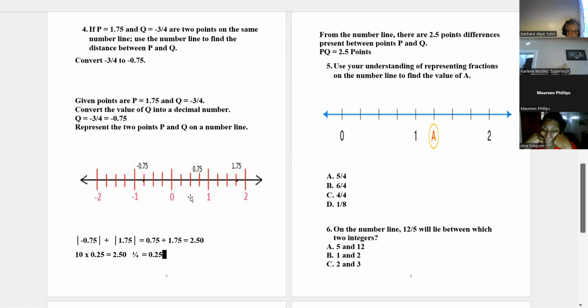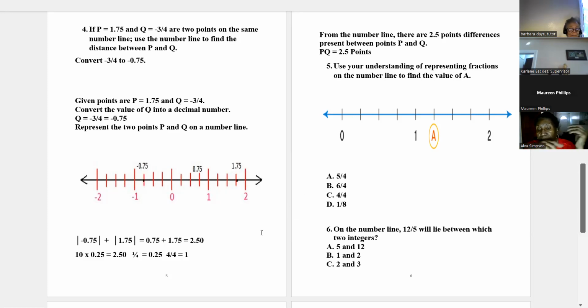What is this one, Maureen? 2/4. That's right. This one? 3/4. That's it. And then this one? 4/4. Isn't 4/4 equal to 1? Yeah. Any number over itself is equal to 1, right?